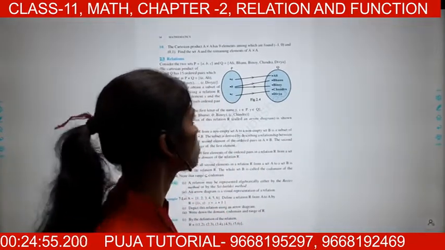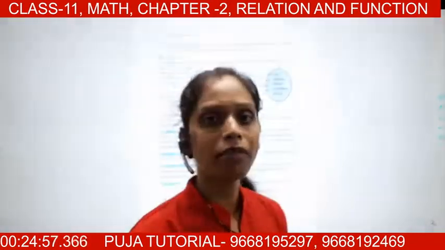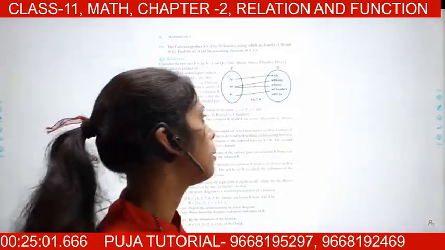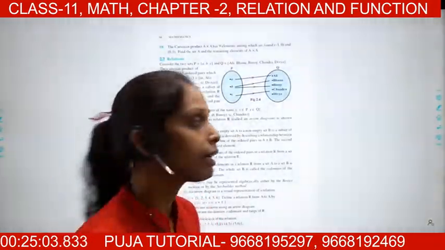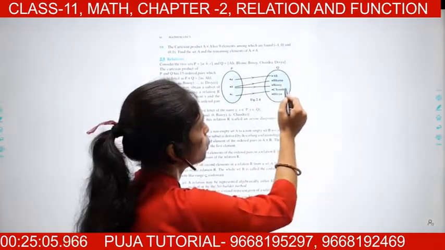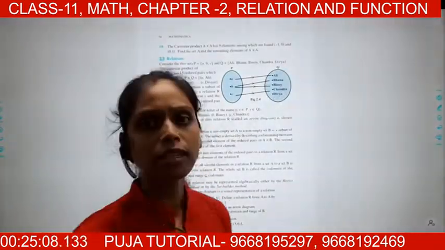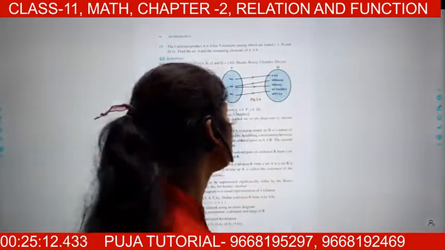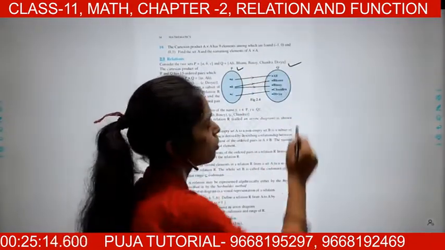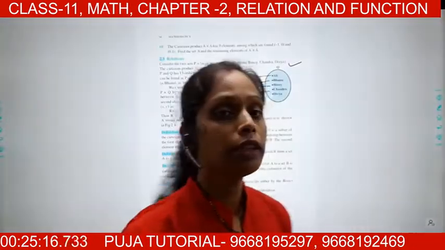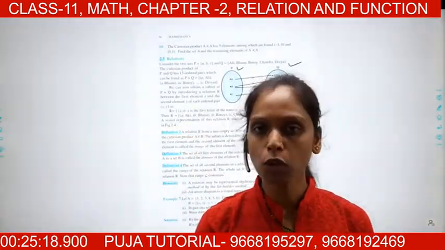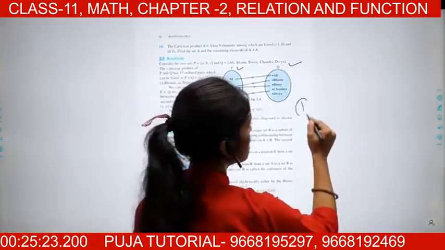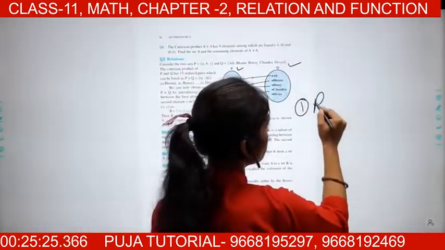Let us suppose you take an example of relation. Here A, B, C is one set, and Ali, Bhanu, Bijoy, Chandra, Divya is a different set. There are two non-empty sets, P and Q. Now there are three ways of representing a relation. First name is roster form.